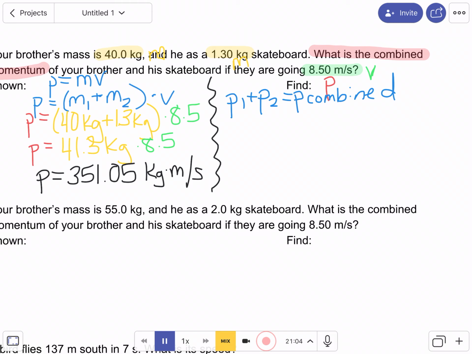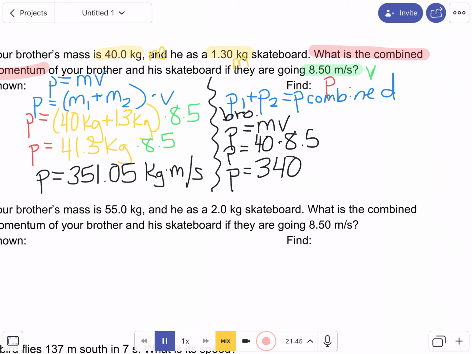So for my brother, let me just say bro here, P equals MV, P equals 40 times 8.5, and then P equals, and we'll do this off camera too, 40 times 8.5 equals 340.